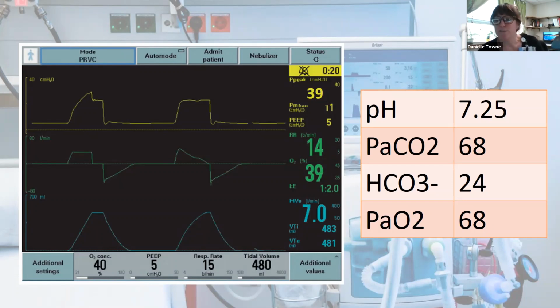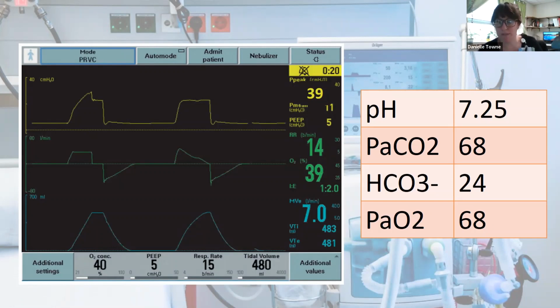But if a patient's not on 21% FiO2, you actually want to multiply the FiO2 times 5 to see what the normal would be at that elevated FiO2 setting. So, for example, if a patient's at 40% FiO2, we would consider a normal PaO2 should be around 200. Clearly, this is not around 200, 68.